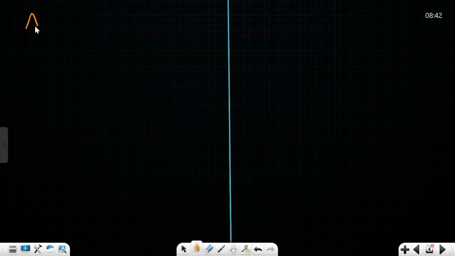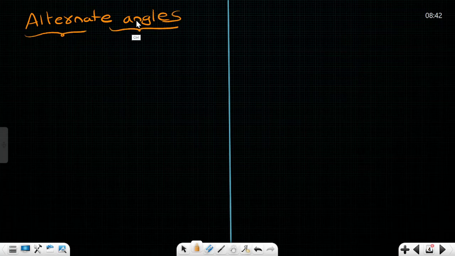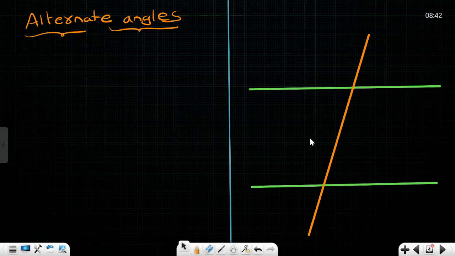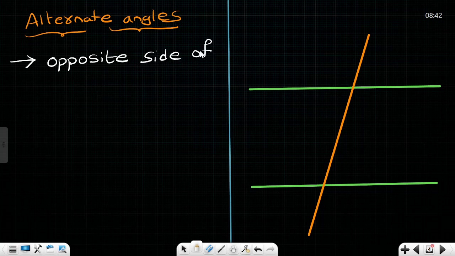That is alternate angles. So now, one thing we should always put in our mind: corresponding means same side of transversal, alternate means opposite side of transversal.